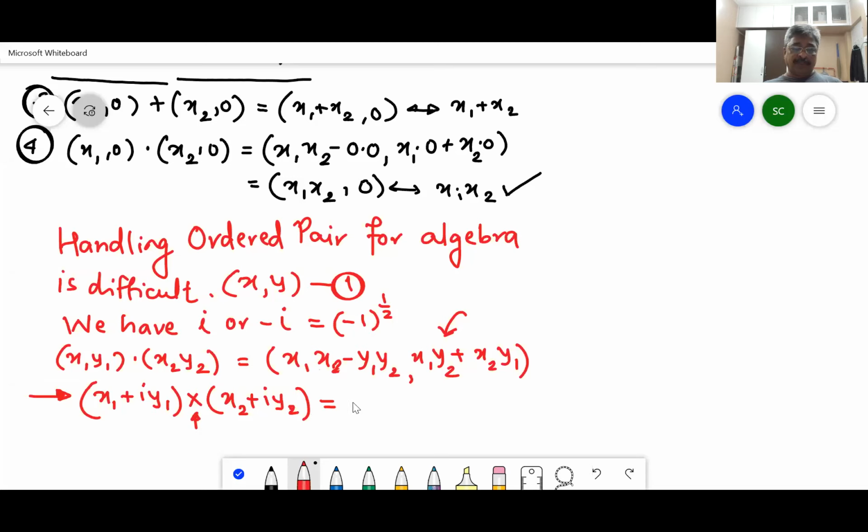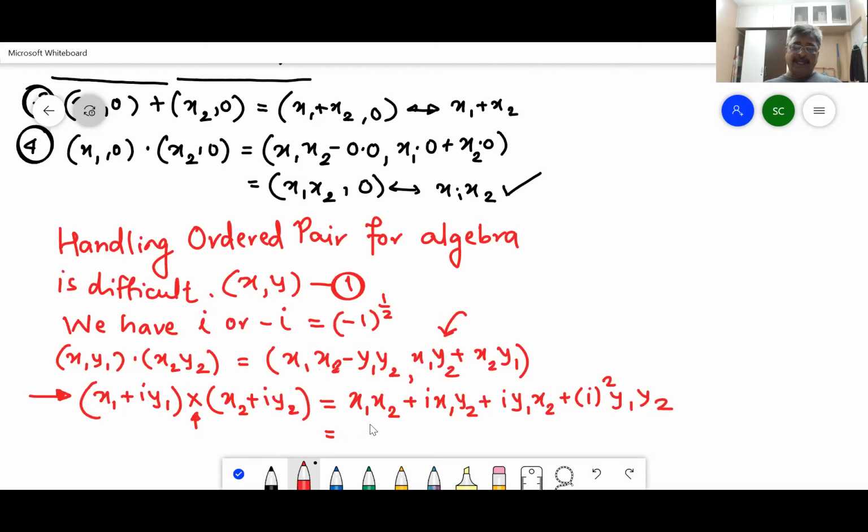First term, x1 x2 plus i times x1 y2 plus i times y1 x2 plus i square times y1 y2.